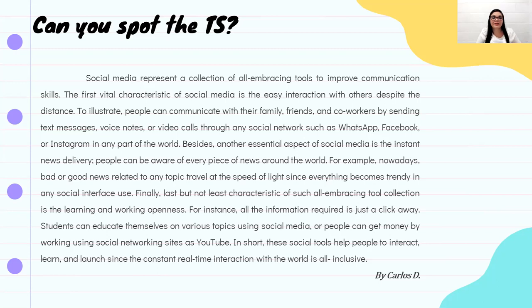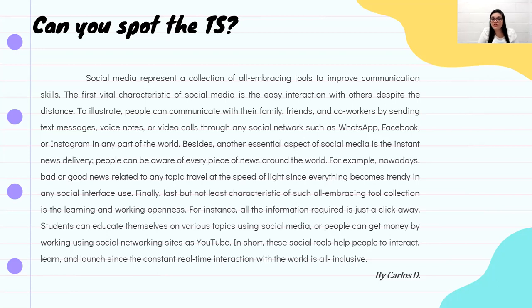Look at them. He says, social media represent a collection of all-embracing tools to improve communication skills. The first vital characteristic of social media is the easy interaction with others despite the distance. To illustrate, people can communicate with their family, friends, and coworkers by sending text messages, voice notes, or video calls through any social network such as WhatsApp, Facebook, or Instagram in any part of the world.